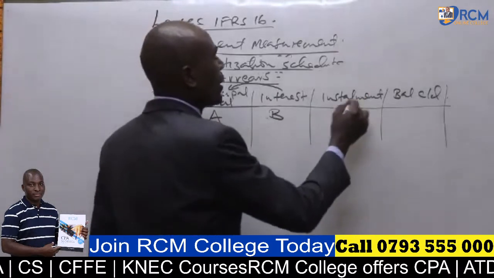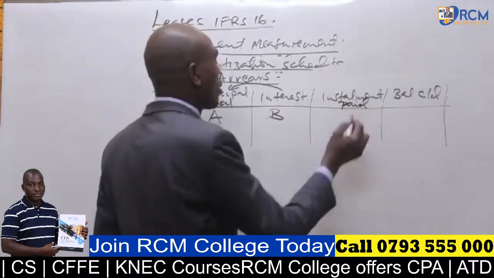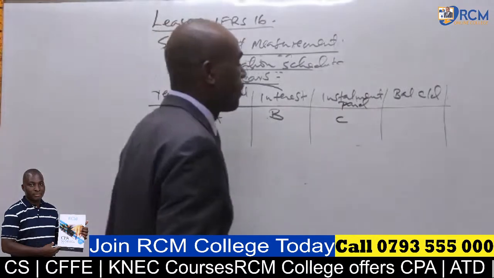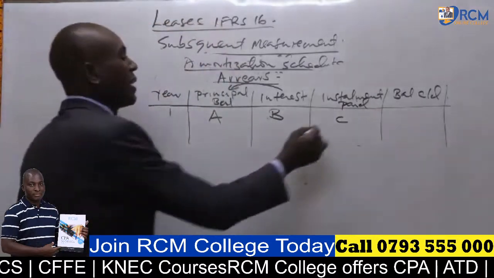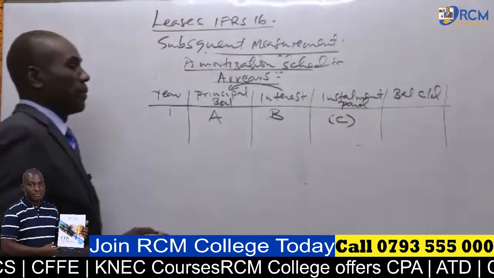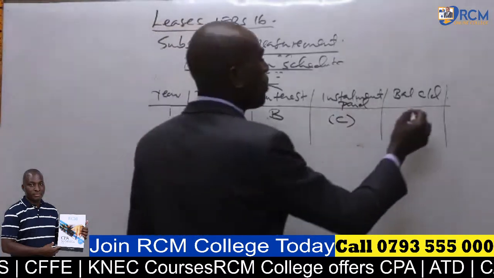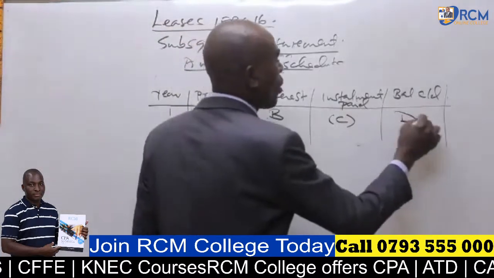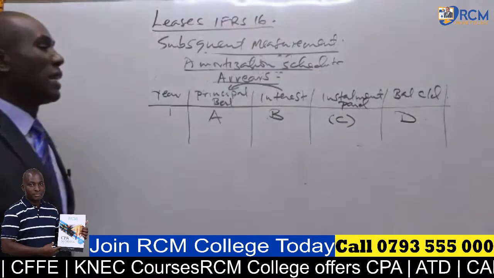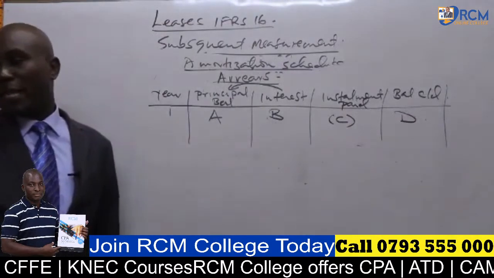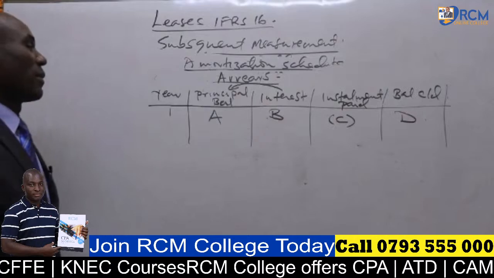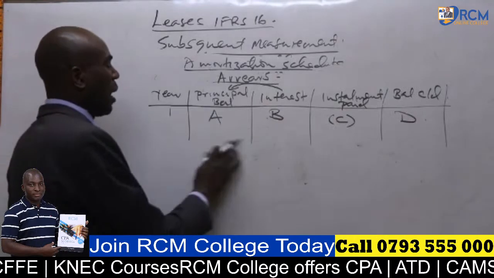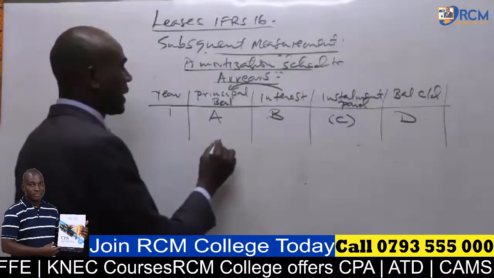Then we come to installment paid, let me call it C. Then we come to the balance at the end, we call it D. Therefore, out of this, how do I get D?